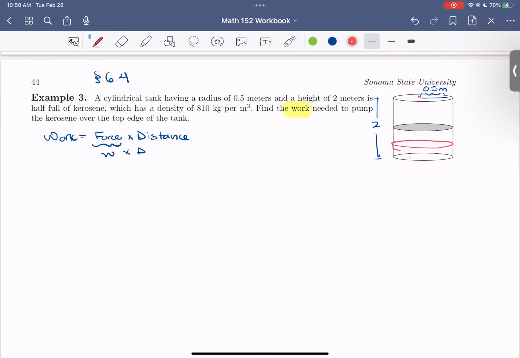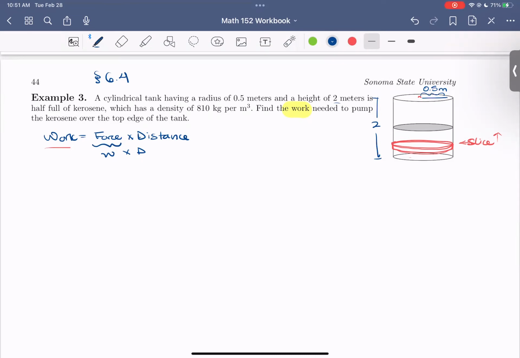It's kind of weird to think of slicing up a liquid. All right, slice here. Then we determine the work needed to move one slice, and add up the work for all of the slices using an integral. Okay, so let's go ahead and carry that idea out.